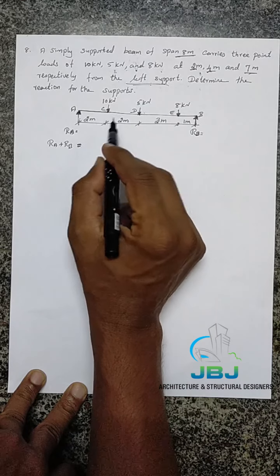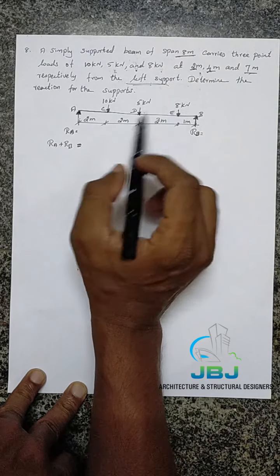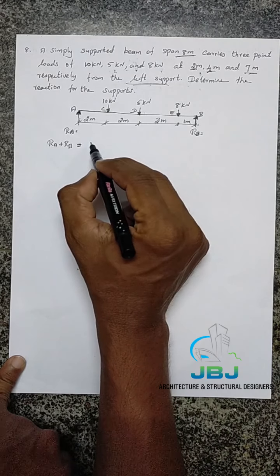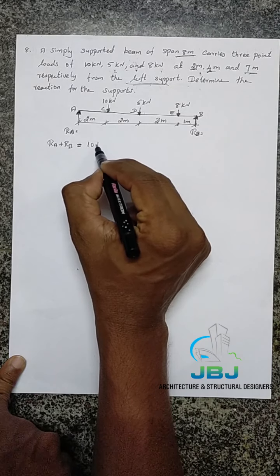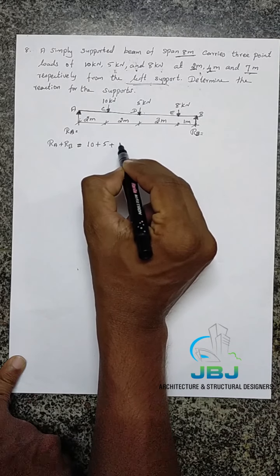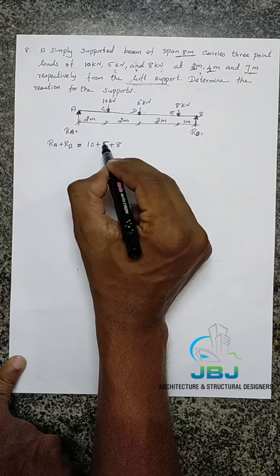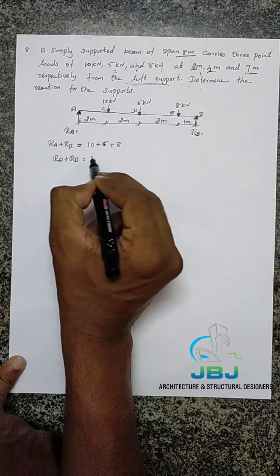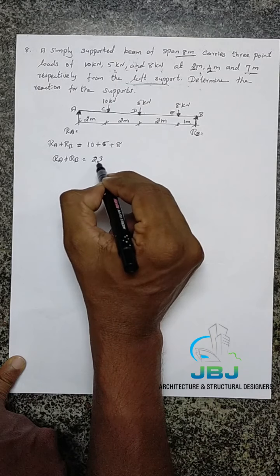How many downward forces are there? 1, 2, 3, three downward forces, right? What are they? 10 plus 5 plus 8. So RA plus RB equals 23 kN.